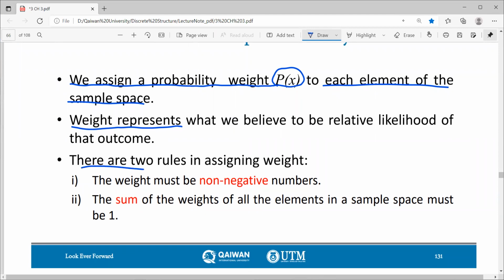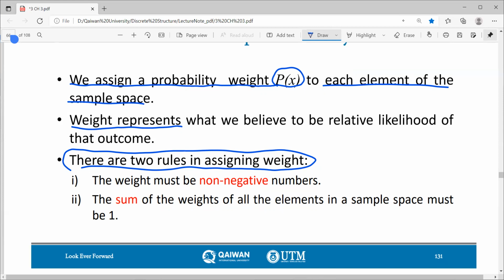There are 2 rules in assigning weight. The weight must be non-negative. That means it must not be a negative number; it must be either 0 or greater than 0.